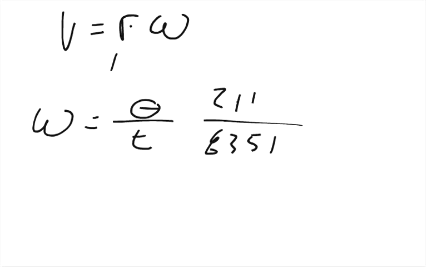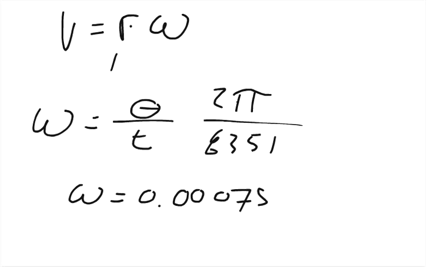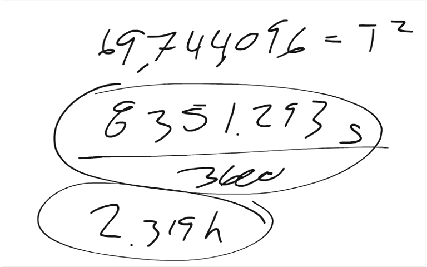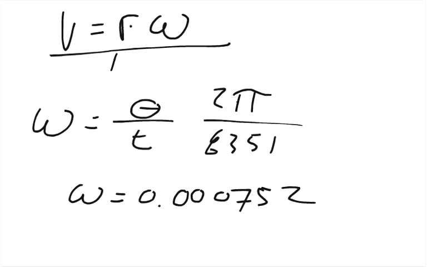The answer is 2 pi, so 2 pi is our angular displacement. We can plug that in the calculator and our angular speed is 0.000752 radians per second.